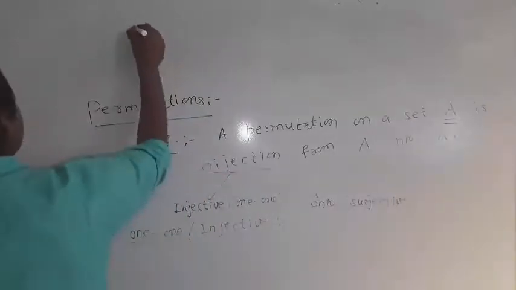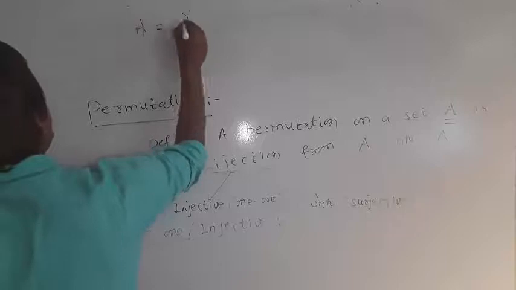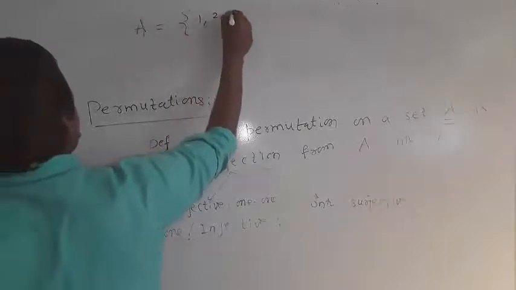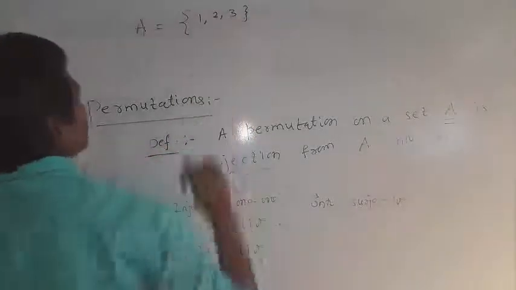Suppose A is a set consisting of the numbers 1, 2, 3.